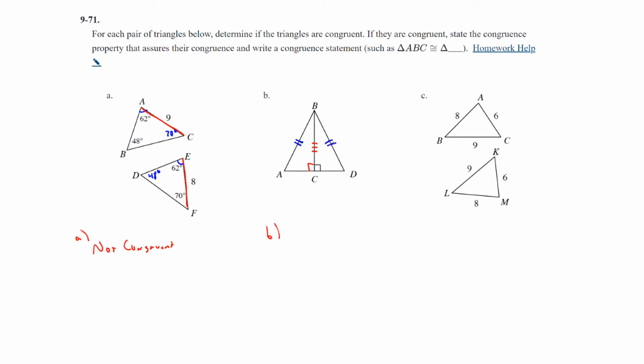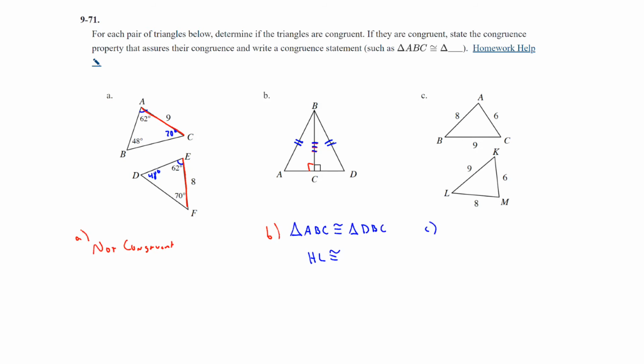AB and DB are the hypotenuse, and they're congruent. And then the reflexive property allows that side to be congruent to itself. So yes, they are congruent, and triangle ABC is congruent to triangle DBC. And we know that because of the hypotenuse leg congruency.